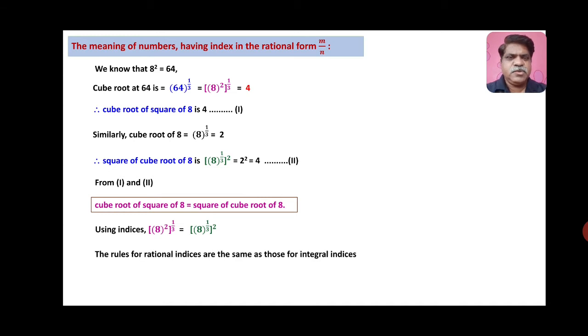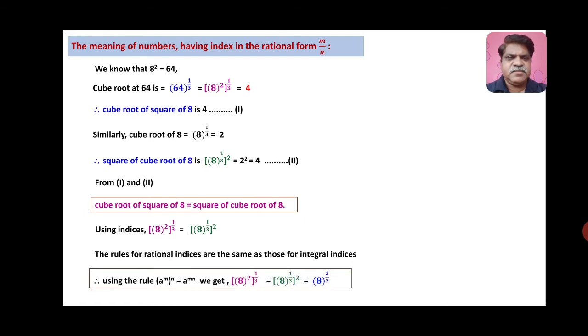So the rules for rational indices are the same as those for the integral indices. Using the rule (a raised to m) raised to n is equal to a raised to mn, we will get that (8 raised to 2) raised to 1/3 will be equal to (8 raised to 1/3) raised to 2, which could be 8 raised to 2 upon 3. All the three ways of writing are one and the same.